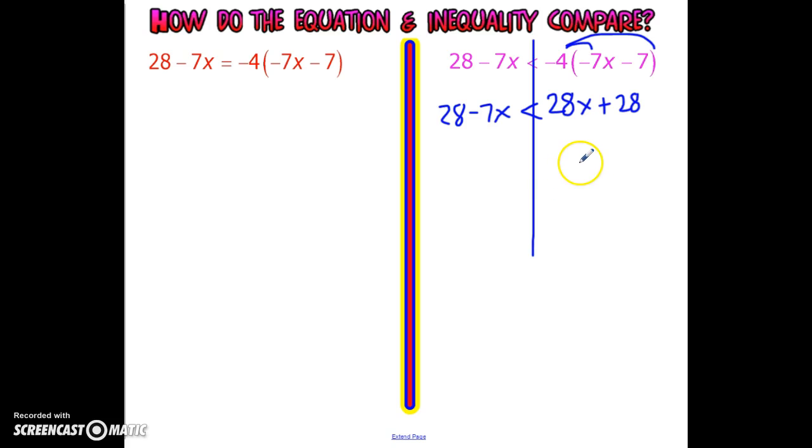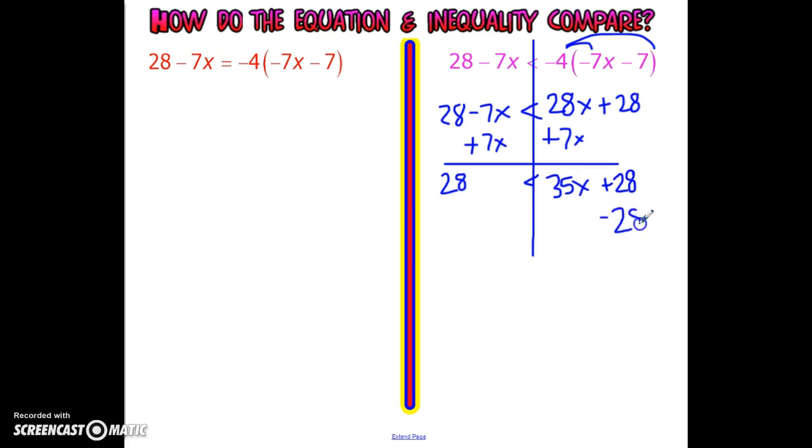So to get my variables on one side, my constants on the other, I'm going to go ahead and add 7x, just to be sure I keep a positive coefficient in front of that variable, which leaves 28 is less than 35x plus 28.